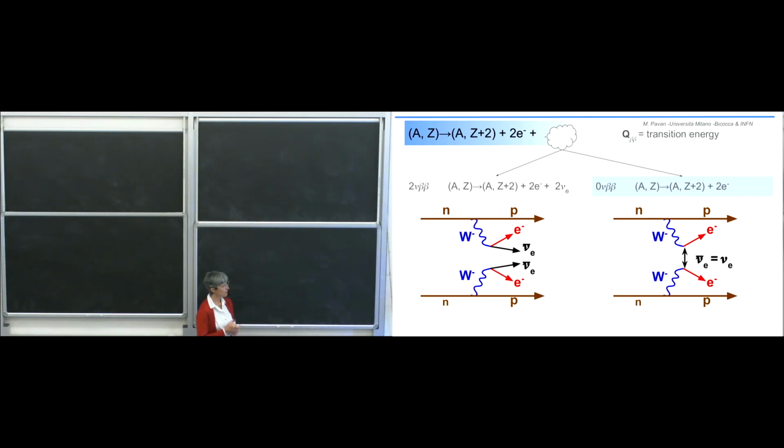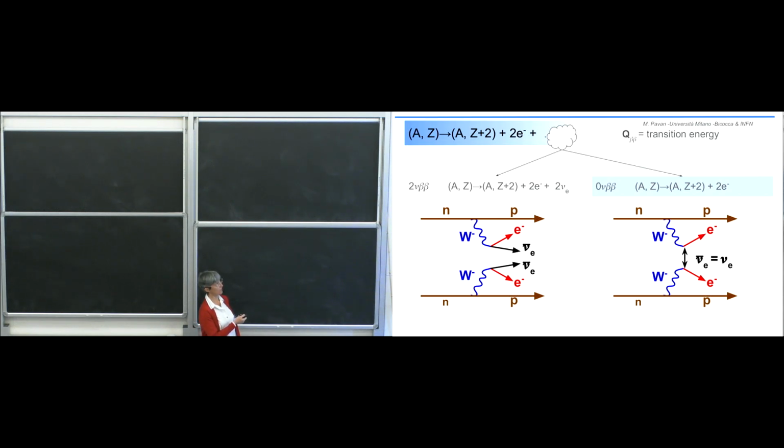So let me start by giving you a few pieces of information on what we need to know before designing an experiment. What we want to look for is that process in which you have a spontaneous transition of a nucleus with the emission of 2 electrons. And this is very similar to the well-known beta decay.